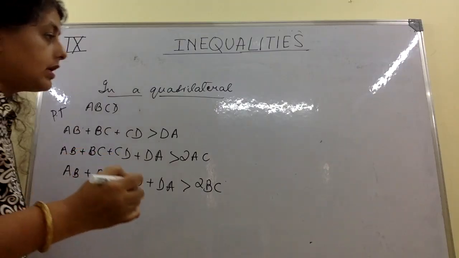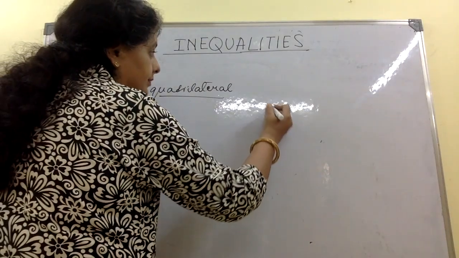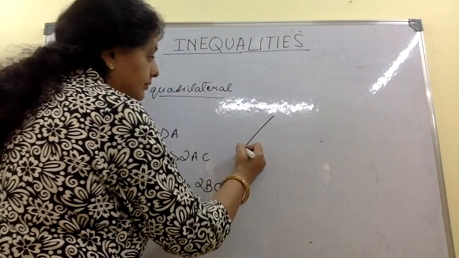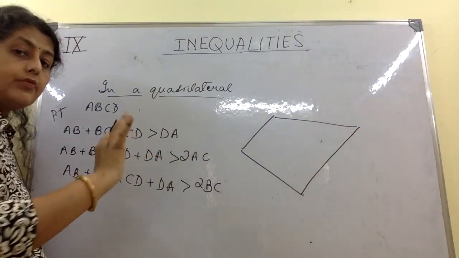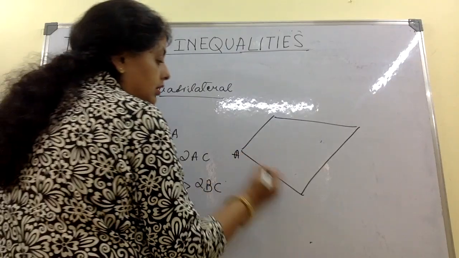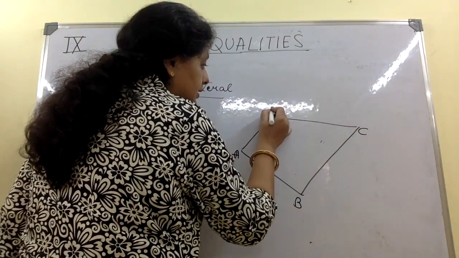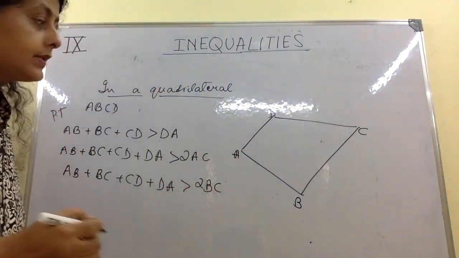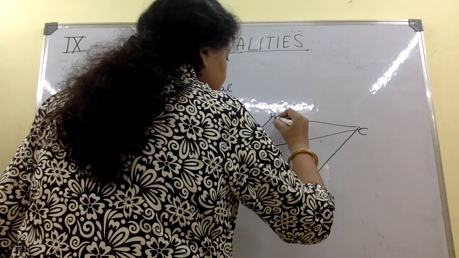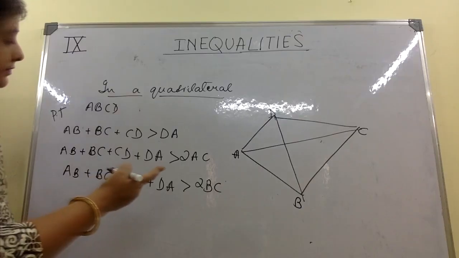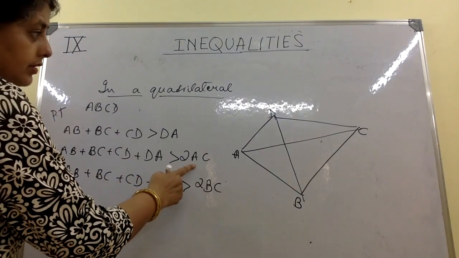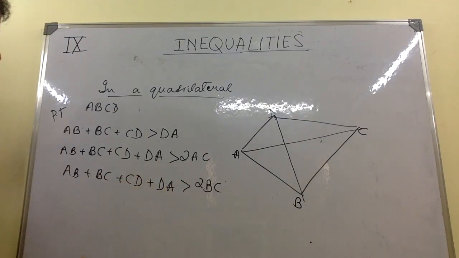Now here is the quadrilateral. Remember, it is a random quadrilateral. We are not going to make it any of the special quadrilaterals. And then we are going to join the diagonals, because we have AC here. Now let's take the first one.